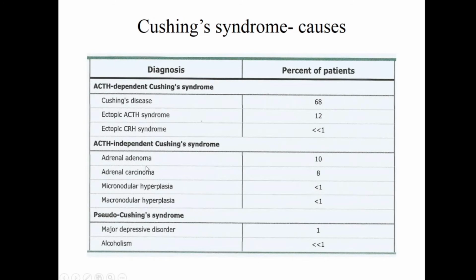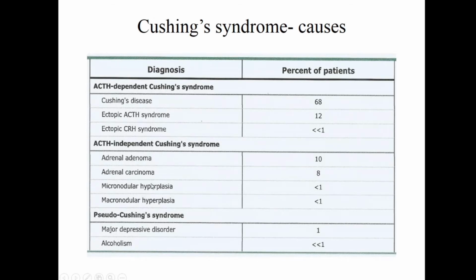So adrenal adenoma, adrenal carcinoma, or micronodular hyperplasia or macronodular hyperplasia of the adrenal glands. When you talk of adrenal adenoma, it means a benign tumor of the adrenal gland. Adrenal carcinoma is usually the malignant condition of the adrenal gland. Hyperplasia is divided into micronodular or macronodular hyperplasia.